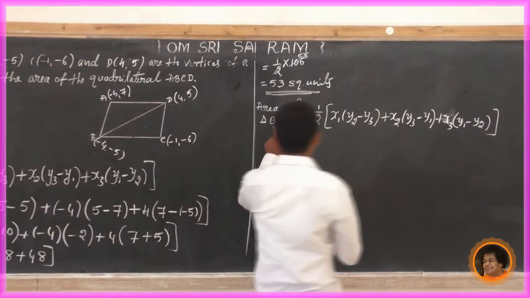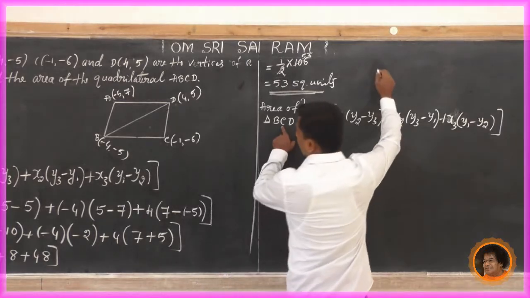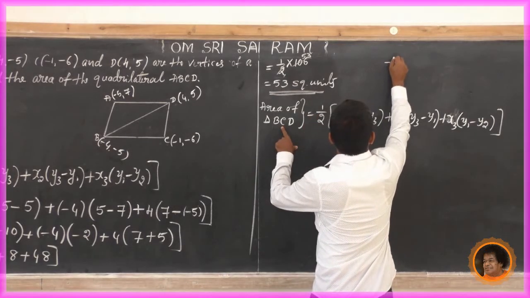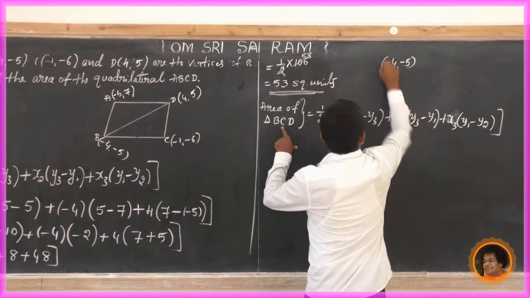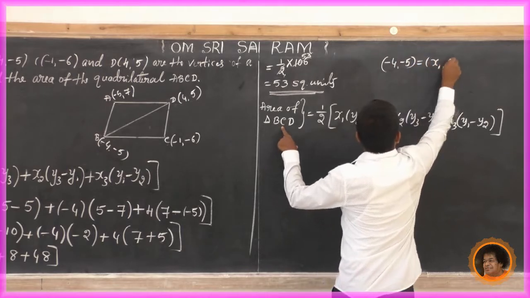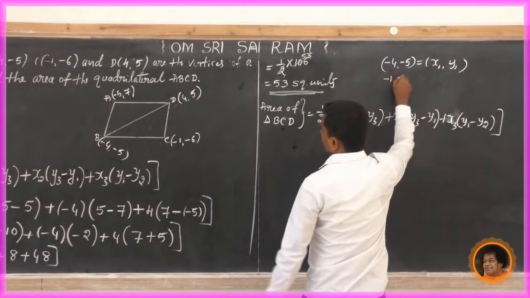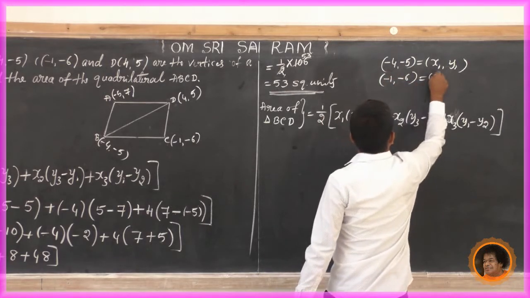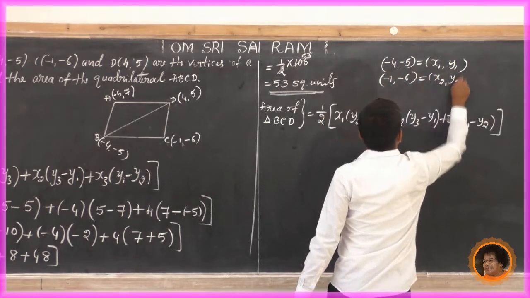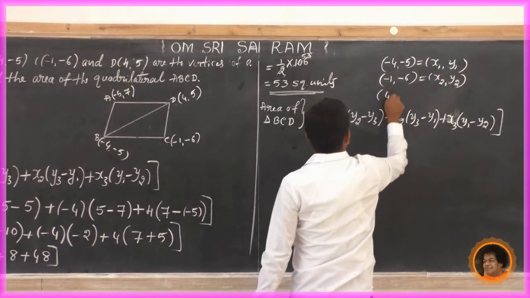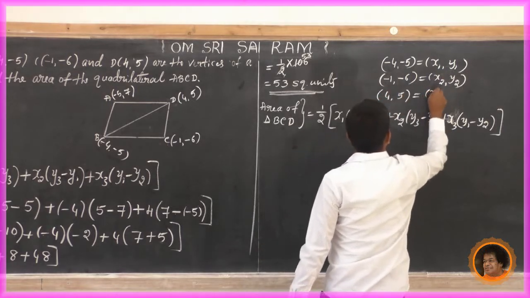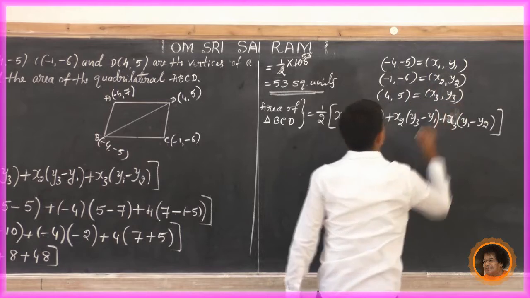So here the coordinate points BCD, so the coordinates of the point B are minus 4, minus 5. So this is X1, Y1, and C is minus 1, minus 6, X2, Y2, and the third coordinate point 4, 5. So this is X3, Y3.